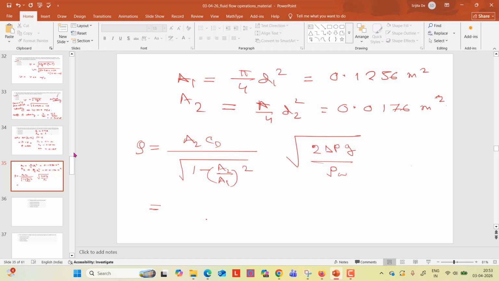CD is given as 0.98. So this part is coming as 0.0174 and this part is delta P, which we calculated as 3.15. This is coming as 7.8614.